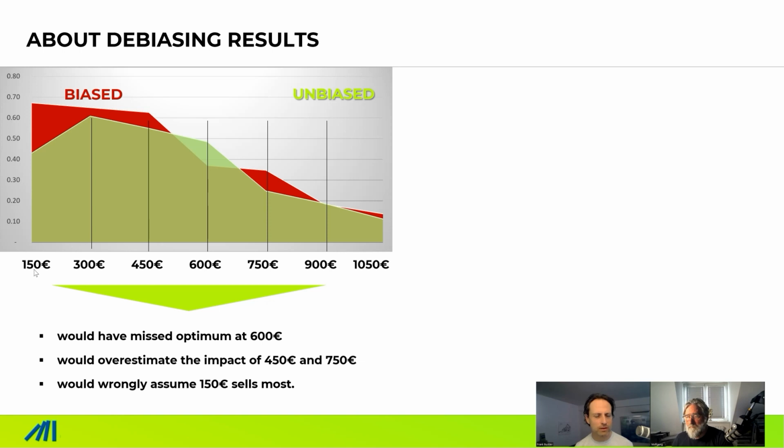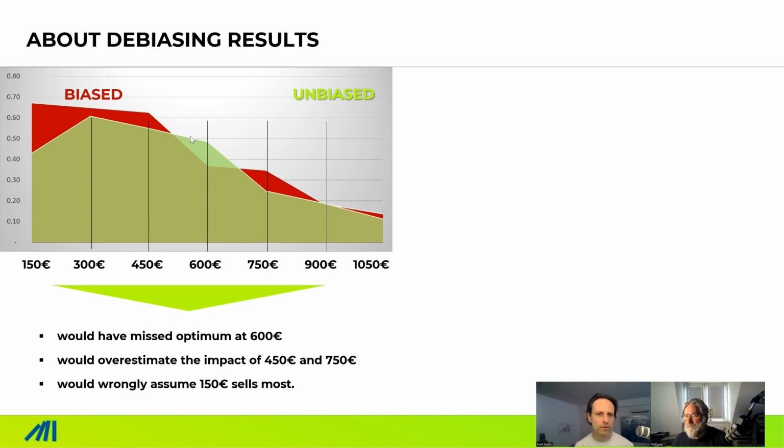So for this product, a price of 150 would be too low; it's not a trustworthy price. You would question the quality for this price, right?